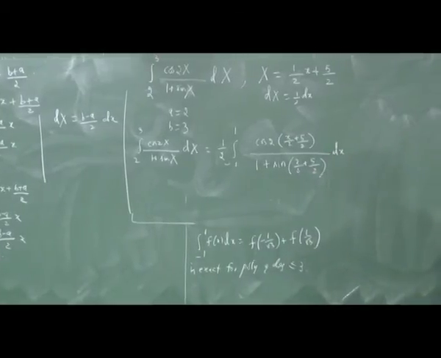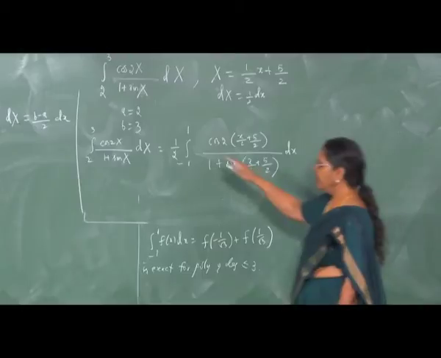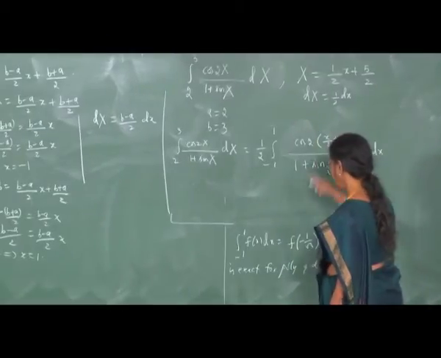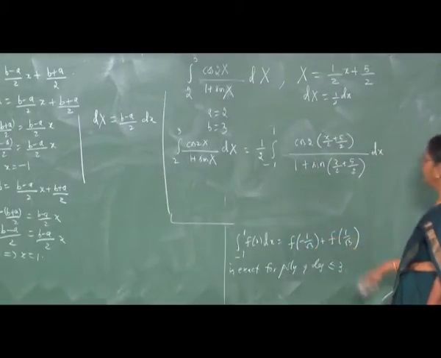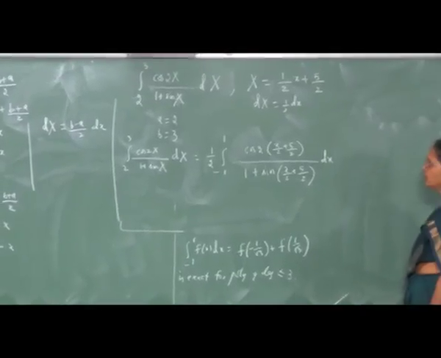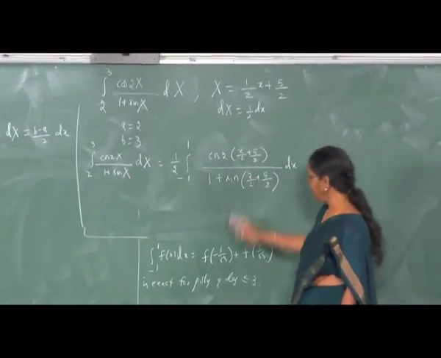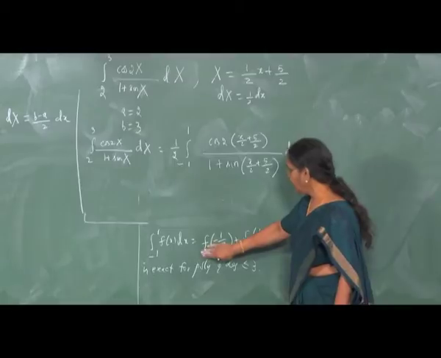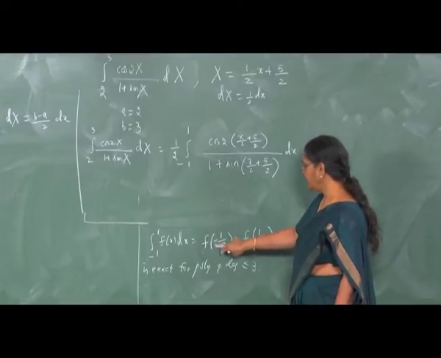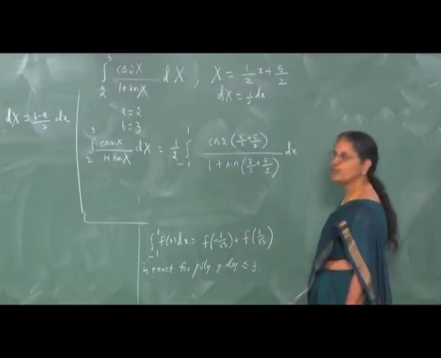So, now we would like to evaluate this using the 2-point integration method. What does it say? This simply says get the function value at x equal to minus 1 by root 3.